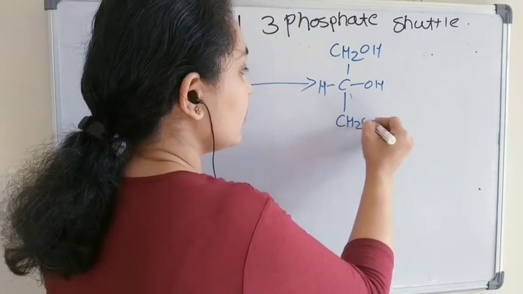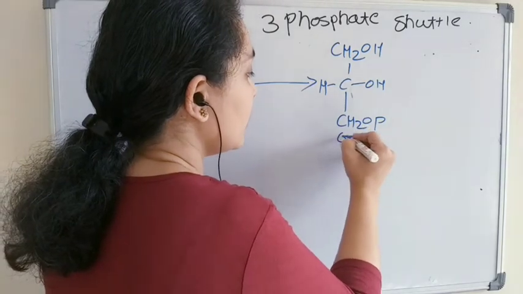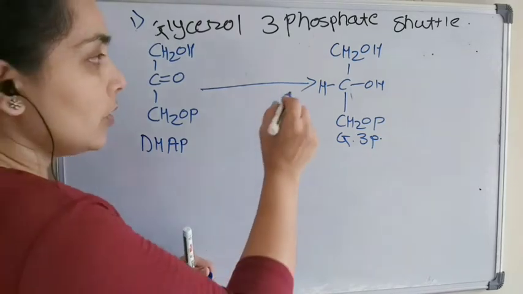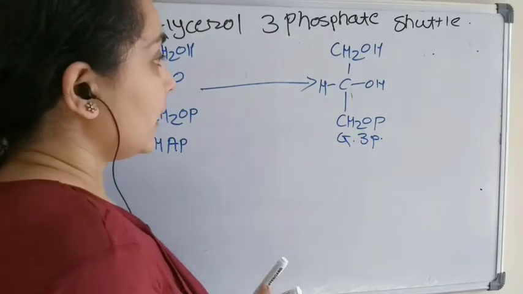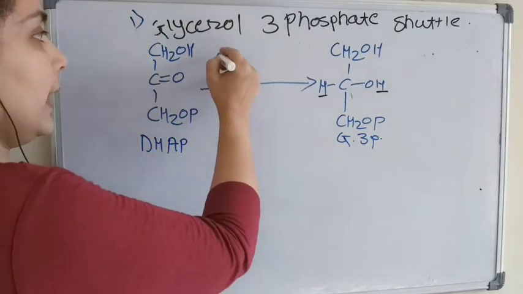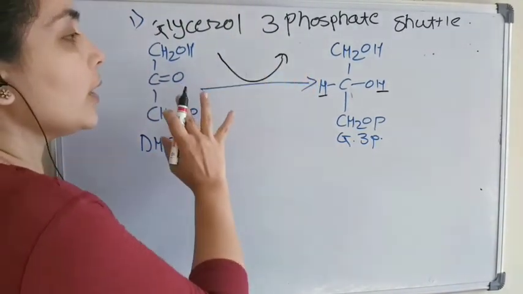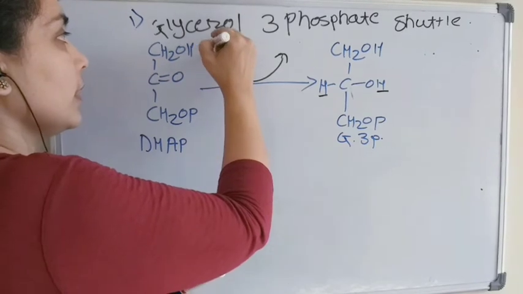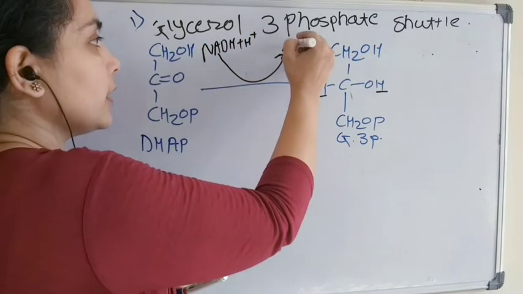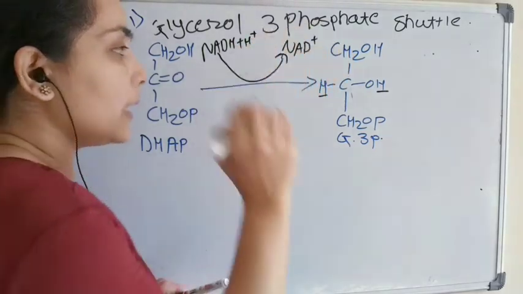And CH2OP. This is the structure of glycerol 3-phosphate. Okay, so from where has this 2 hydrogen atom come? It has come from NADH. During this step, NADH plus H positive will convert to NAD plus.